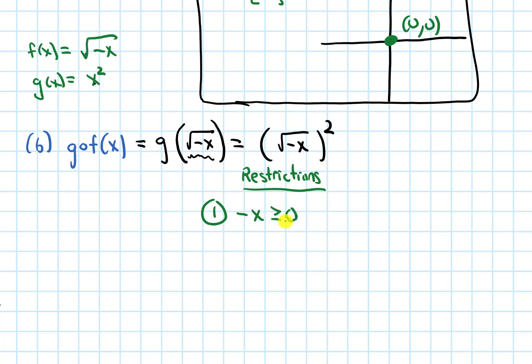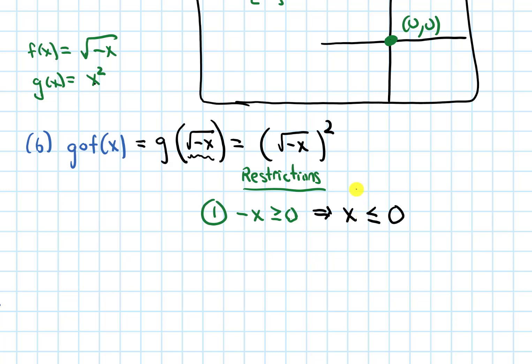And just like before, I can multiply both sides of this inequality by -1. So on the left, that'll give me x. On the right, 0 times -1 is 0. But multiplying by -1 flips my inequality, and I'll get a less than or equal to. So this time my domain is all values of x that are less than or equal to 0.